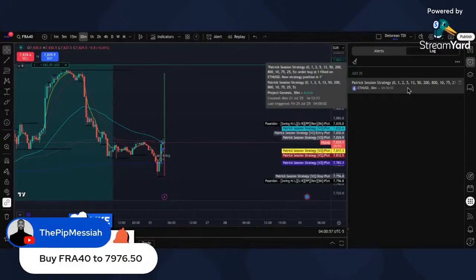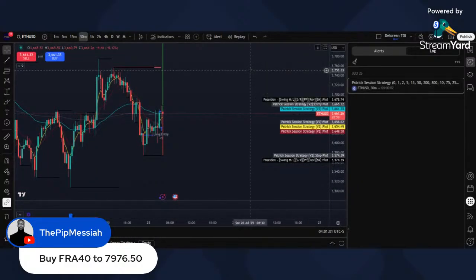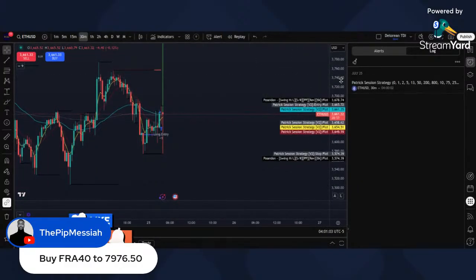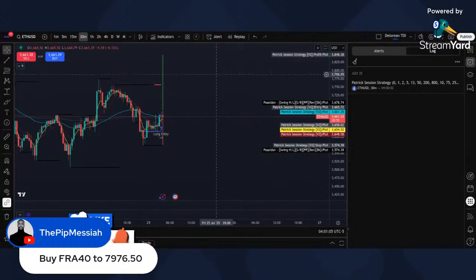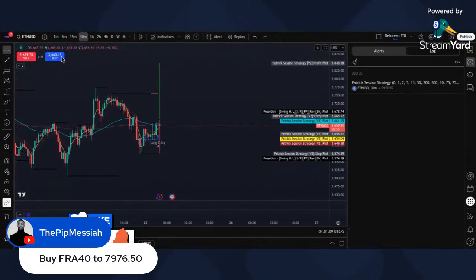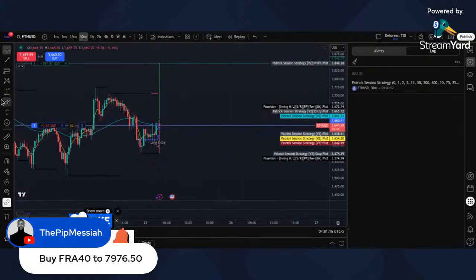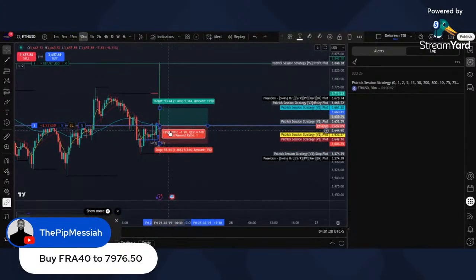Looks like we have a call on the buy of Ethereum versus United States dollar. This is aqua gray blue. It's going to be a buy to 3848.38. So long from current price.